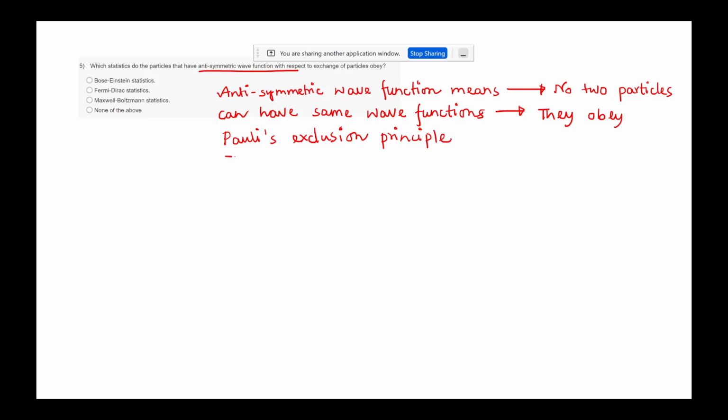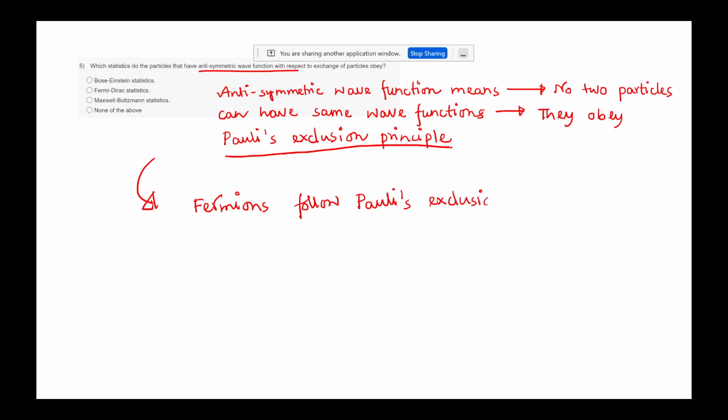So, who follows Pauli's exclusion principle? Fermions follow Pauli's exclusion principle.